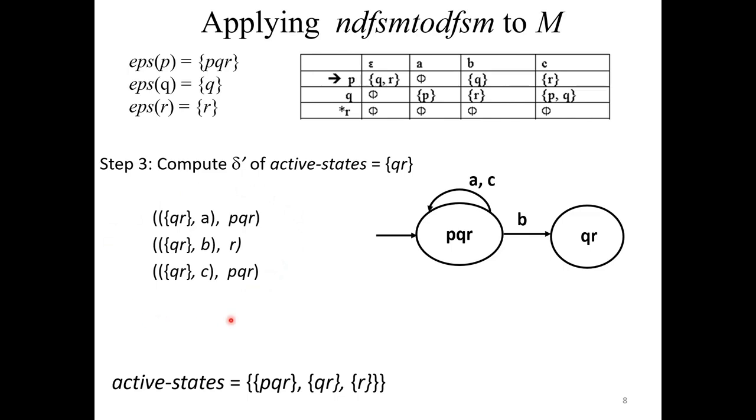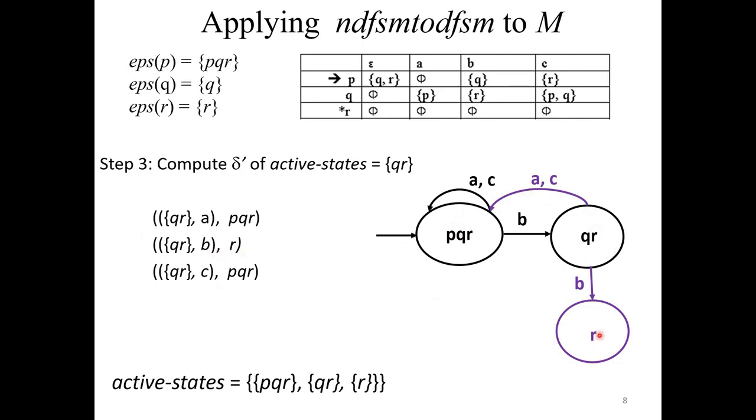So from this we can see a new active state R generated. So the current transition diagram looks like this: QR, on A and C, is going to state PQR.